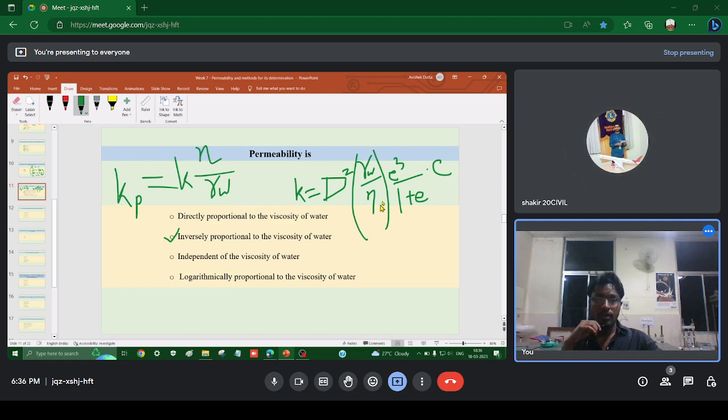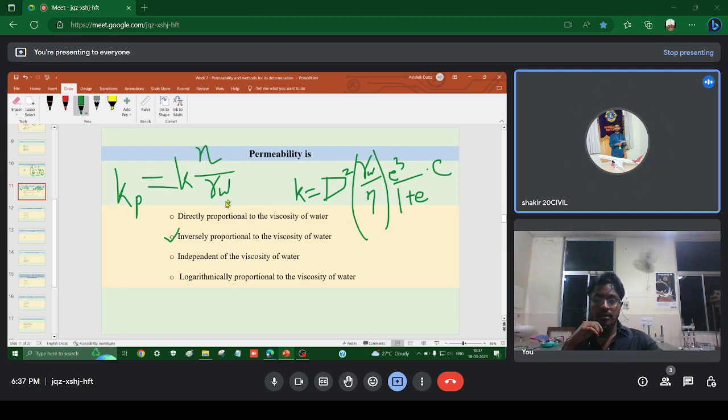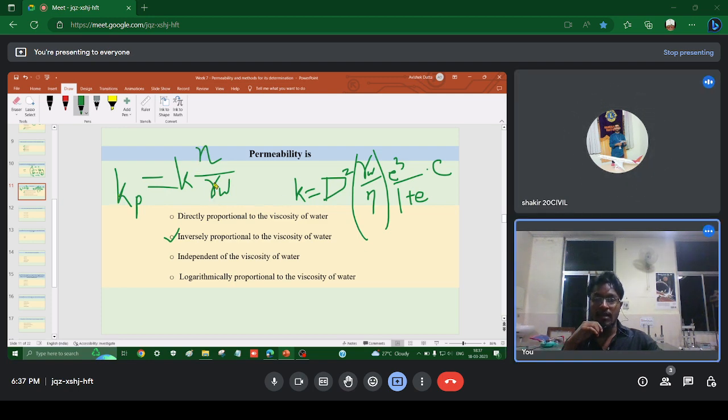So if you divide this equation by gamma w by eta, don't you get this equation? If we multiply K, eta gets cancelled, and if you divide K by gamma w, gamma w gets cancelled, right?